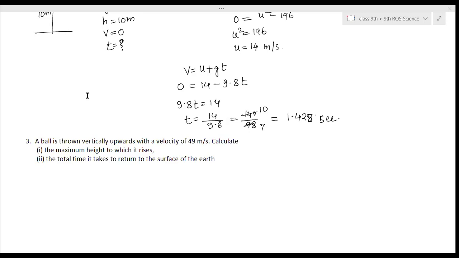Ma'am, height I'm getting different. No. You have not taken G minus. I took G minus, so you have added. Ma'am, I took G minus only. Then it should get added up. I got 122.5. So that is what others got, no? Okay.